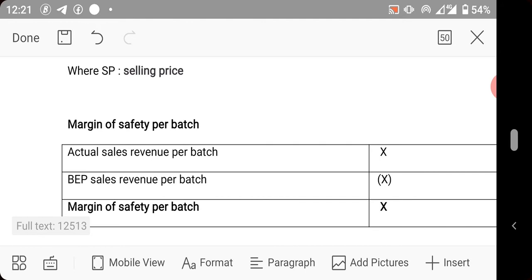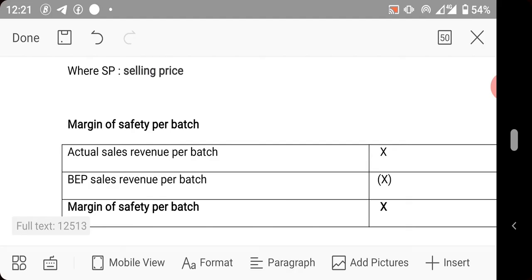Now, you already know the meaning of margin of safety. Margin of safety is the margin by which we are safe from making a loss. It tells us how much sales will fall short before we can cross the line of the break-even. So, looking at margin of safety, the organization examines the extent to which they are safe from making a loss.